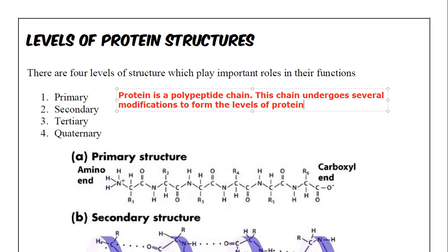That means it is the only level without any modification. Just the amino acid chain is there. At one end the carboxyl group is there, at the other end the amino group is there, just the chain. That is which structure? Primary structure. Could you please write this down?